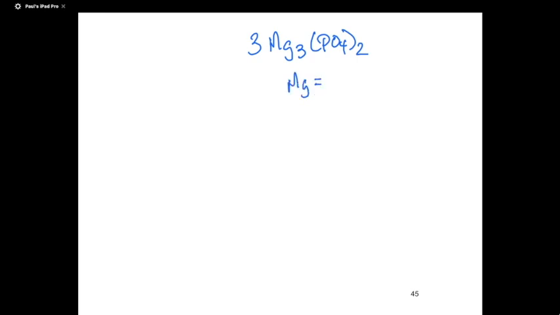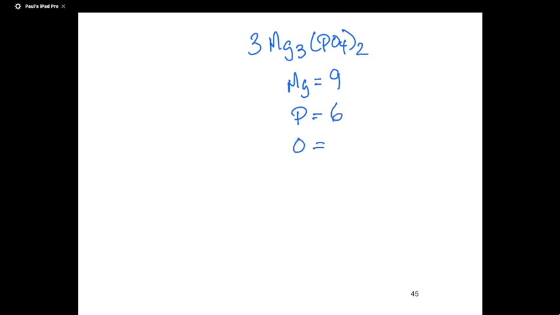Magnesium changes now. For every one, I have 3, and now I have 3 whole compounds, so I have 9. Okay. For phosphorus, we determined that for every 1, I had 2. I have 3 compounds. Then I have 2 for every 1, and I have 3 of them, so I have 6.